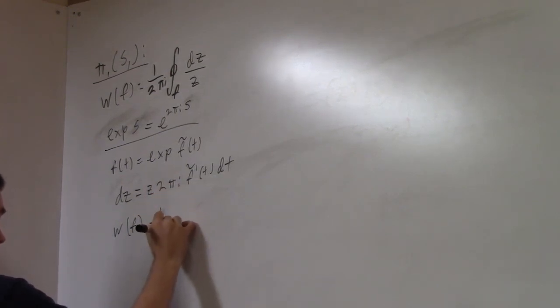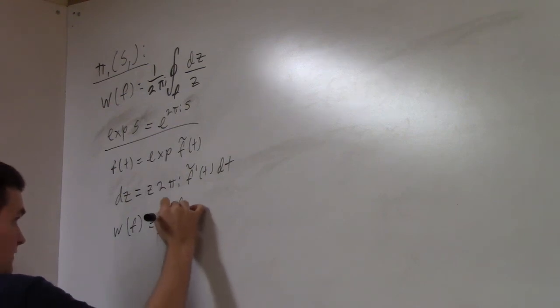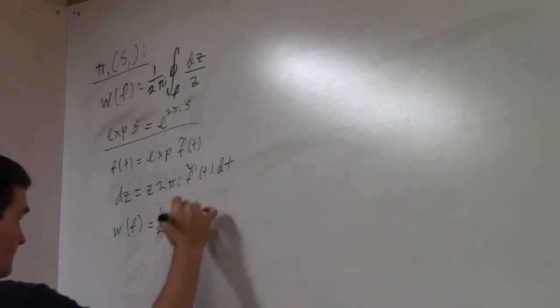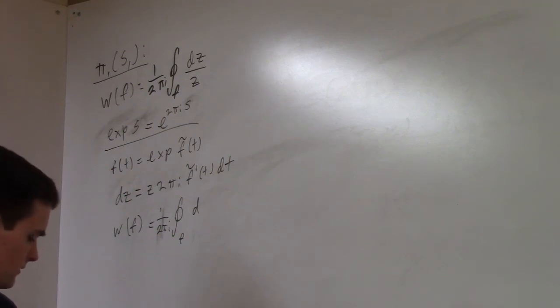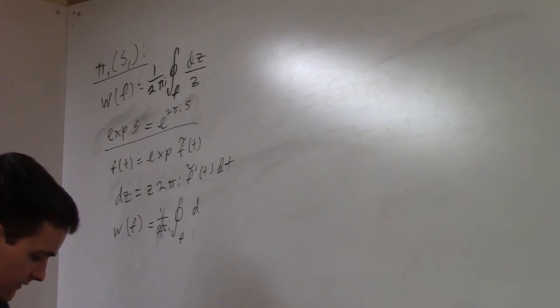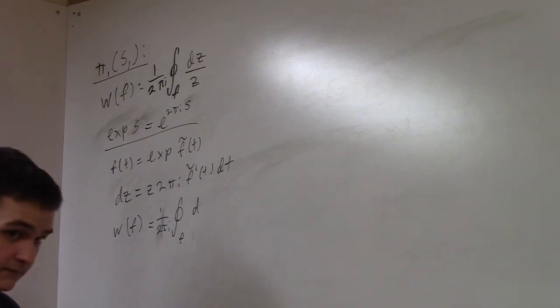1 over 2 pi i. Actually, is f tilde real? What is f tilde? I think f tilde is from the unit interval to the reals. Yeah, 2 pi i times. It's basically omega, the angular velocity.